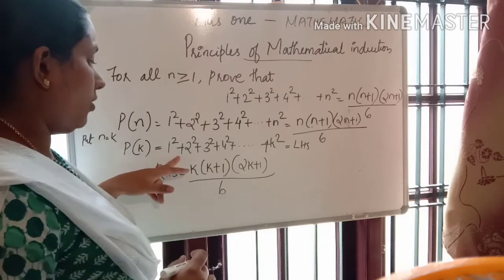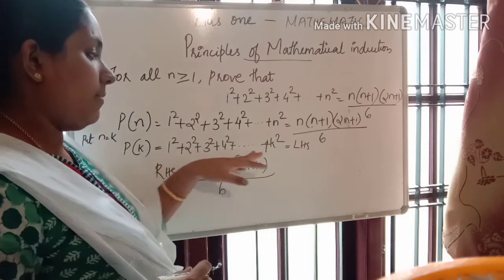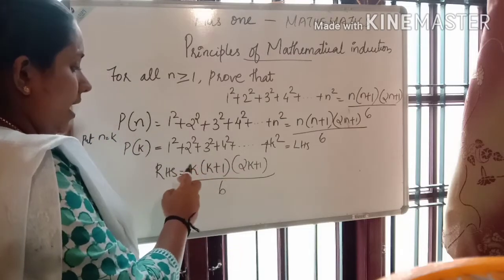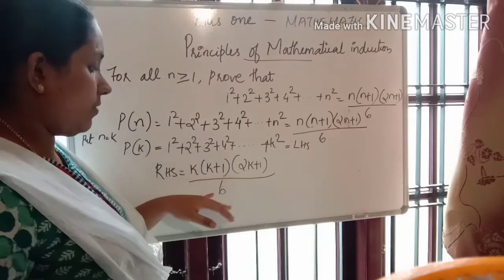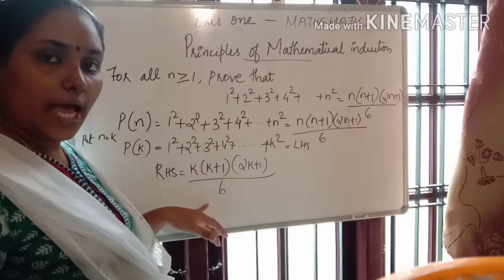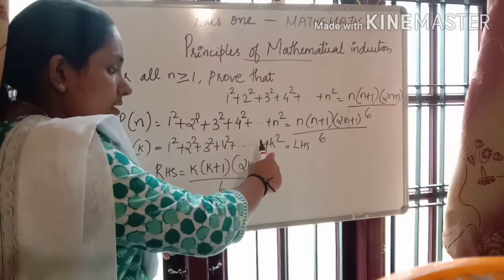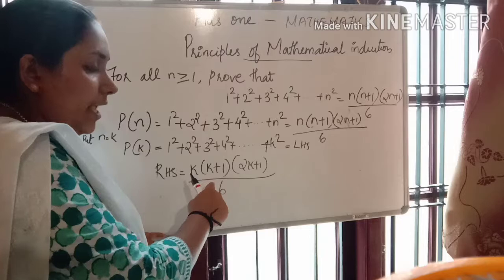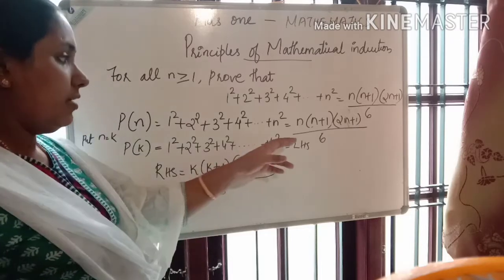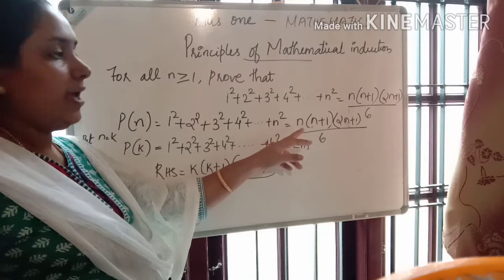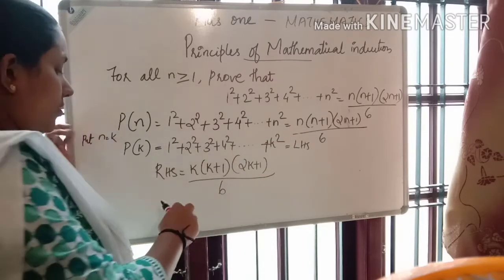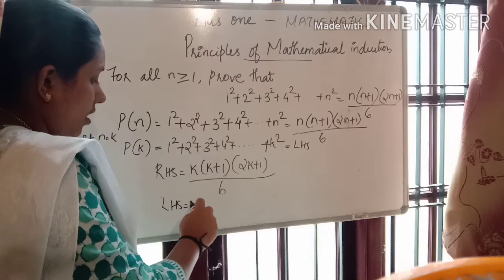Here we know that 1 square plus 2 square up to k square gives the answer k into k plus 1 into 2k plus 1 divided by 6. See, these two terms are equal, right? The RHS also just applies k instead of n, so we get the same answer. So LHS equal to RHS.